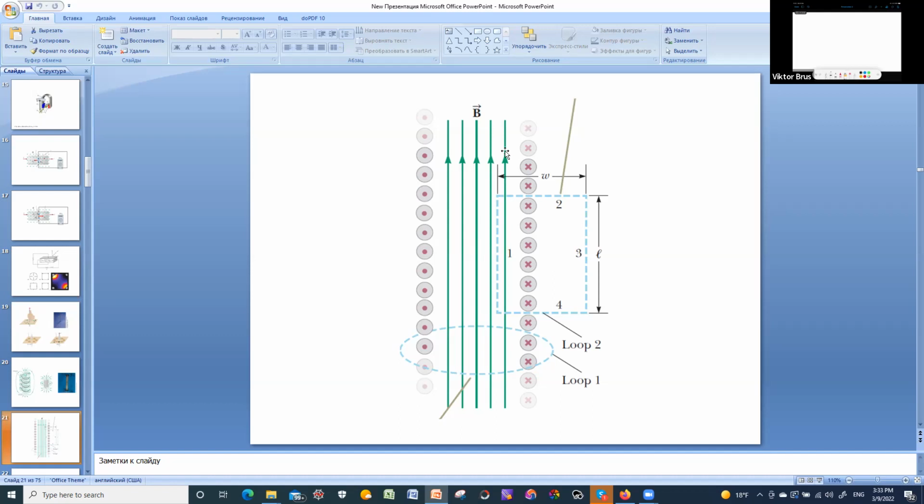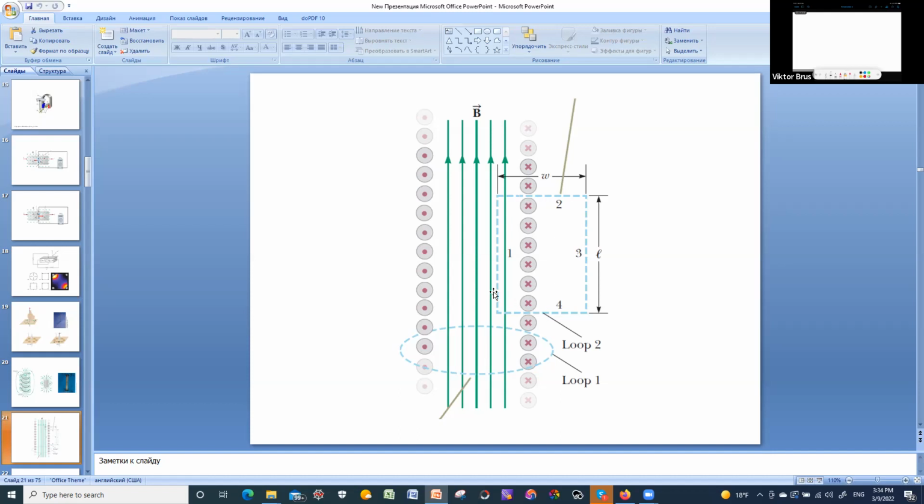Taking this into account, we remember that in Ampere's law, we deal with the scalar product, so when we have this path ds along side 2 and along side 4, they will be perpendicular to the magnetic field vector, so there will be no contribution to the integral from these sides.